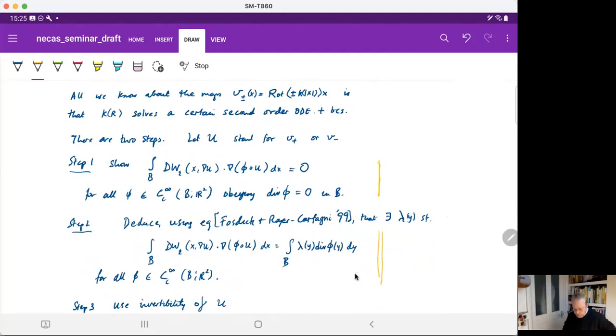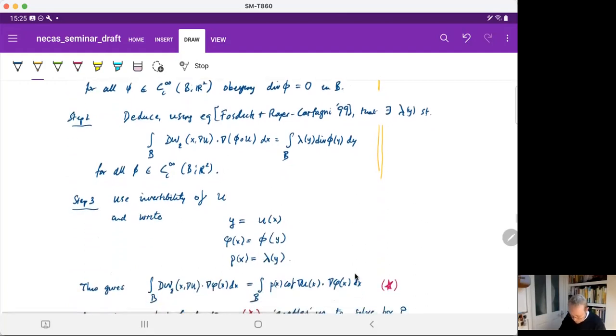One can replace 0 on the right hand side with some function, which turns out to be in L2 in this case, or in fact in all the Lp spaces, multiplied by divergence phi of y. And this is true now for all phi. So we don't need the divergence-free constraint. Okay, so this is still something that has to be established.